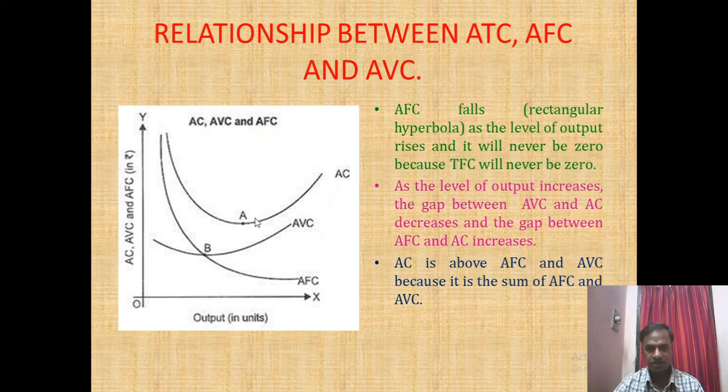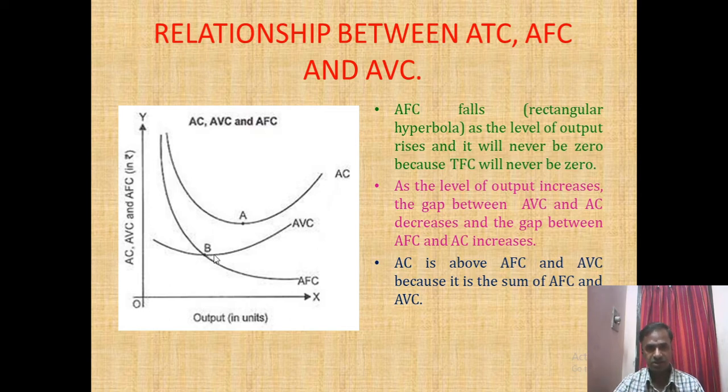Why? The reason is that when AVC attained its minimum, still the AC is falling. When AVC is at minimum at this B, if you see here, the AC is falling.